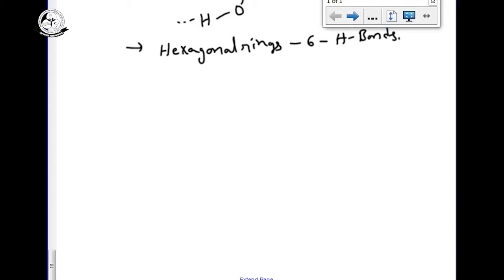Now the second most important element of group 13 is aluminum. We already know it is the third most abundant element in the earth's crust.